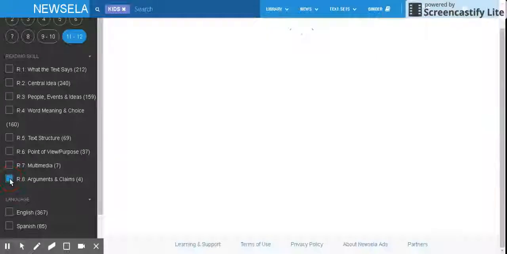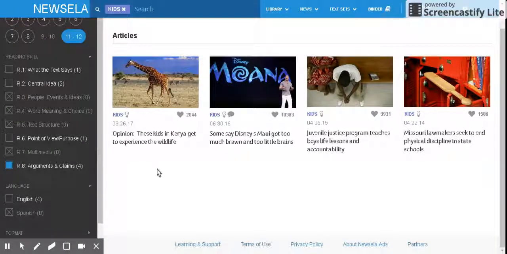So I might come down here and click on argument and claim, and I narrow down my choices to these articles that would be appropriate for 11th and 12th grade topics and also appropriate for teaching arguments and claims. If that's what we've been working on, we can talk about these articles. And I know that these articles are going to give me good information and good material to help teach these kids about arguments and claims.